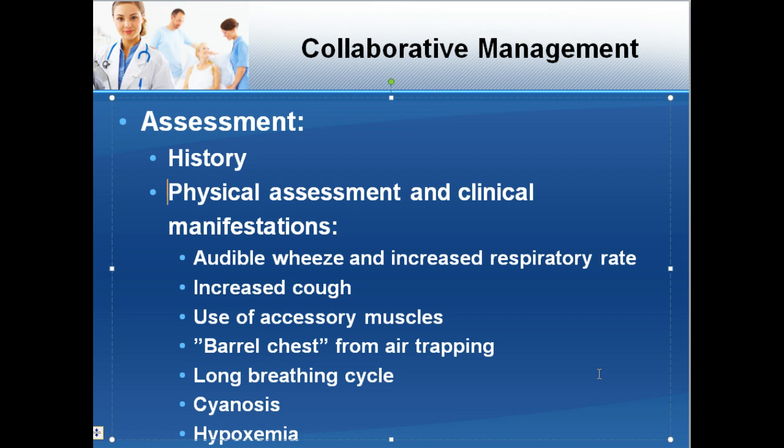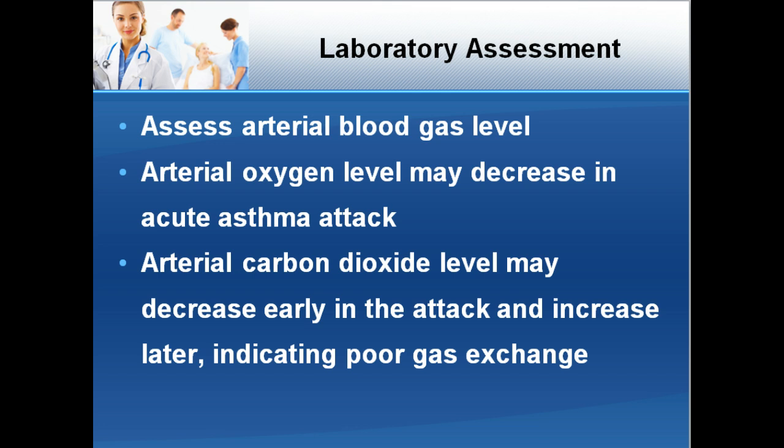Also, looking at somebody with COPD, they usually have a barrel chest from air trapping. Like I said, they're going to have long breathing cycles. They're going to have cyanosis and hypoxemia. So please know about that.